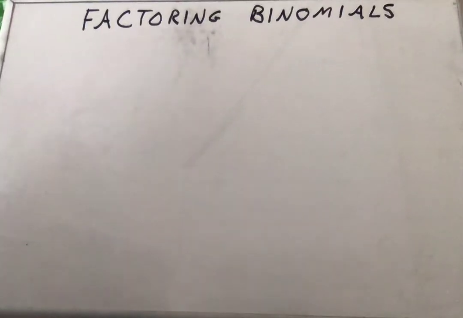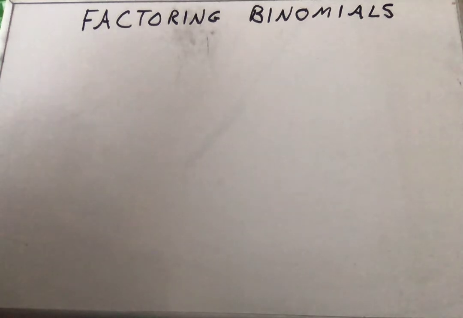Okay, factoring binomial expressions. So, if you're in 8th grade, you were starting to get into polynomials, adding, subtracting. You were doing that kind of reverse FOIL, factoring trinomial things. So, don't be put off by the word binomial. It's just how many terms are in something.